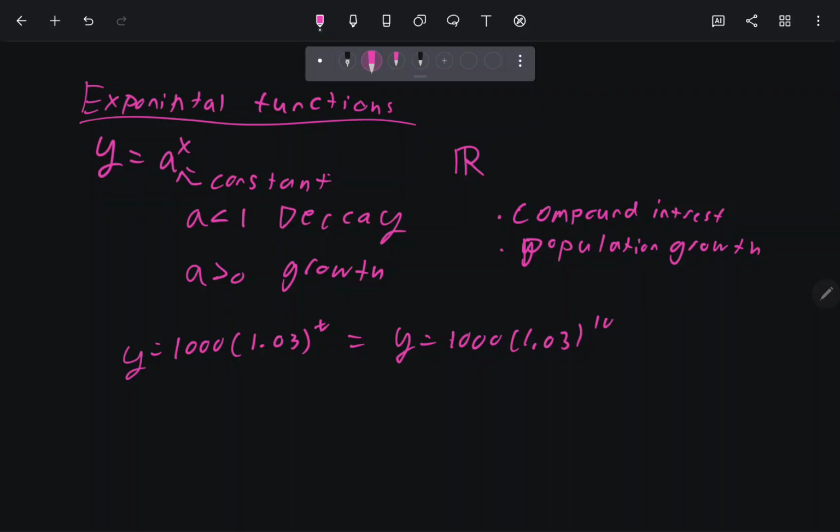And of course, that's not a very nice number to work with, so we get out our calculators. I would recommend having a calculator for calculus. That's just kind of a side thing, but it is recommended.